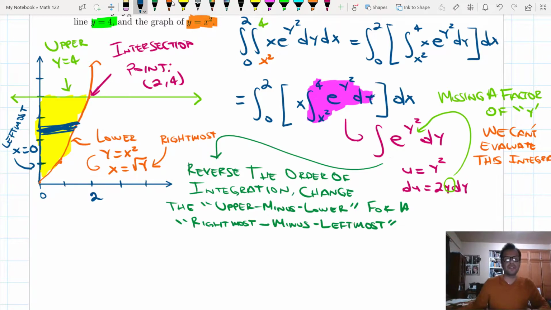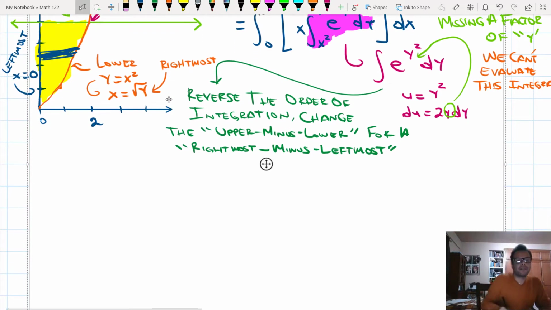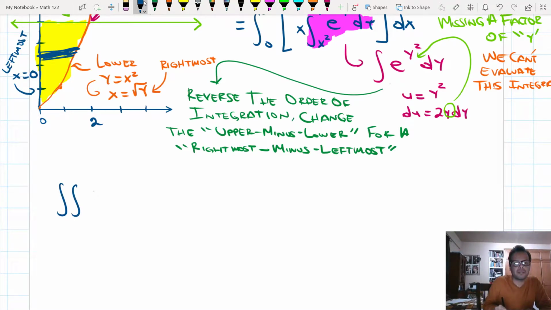So instead of writing x, the same integrand, I'm going to integrate with respect to x first and then with respect to y.